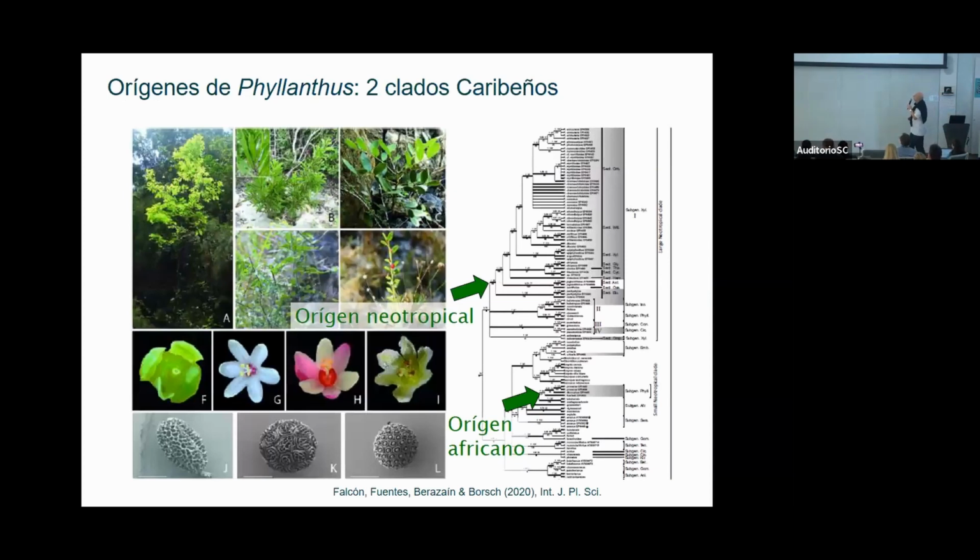Another group, which was the PhD project of Vanessa Falcon, is the genus Phyllanthus. It's a pantropical genus, about 800 species, and that illustrates it well. Here's the Caribbean plate, here's another Caribbean plate.